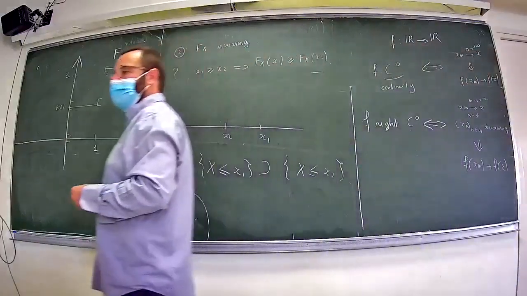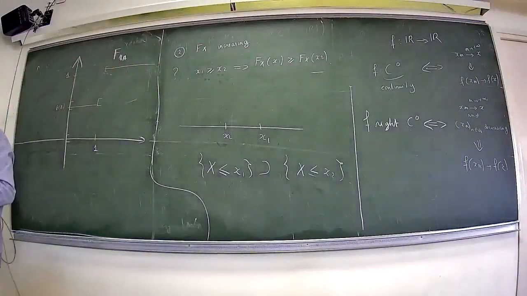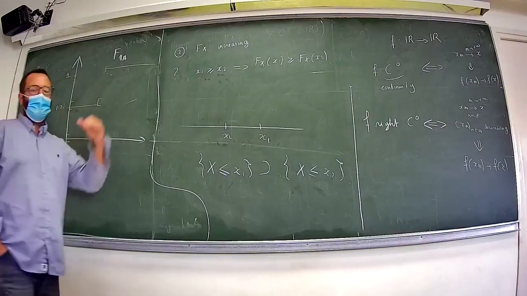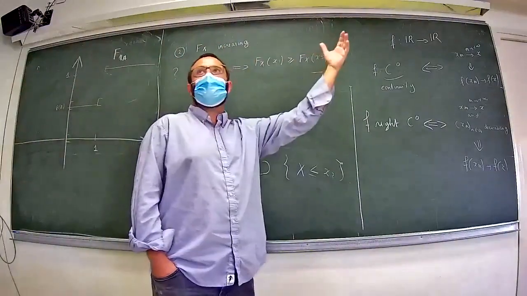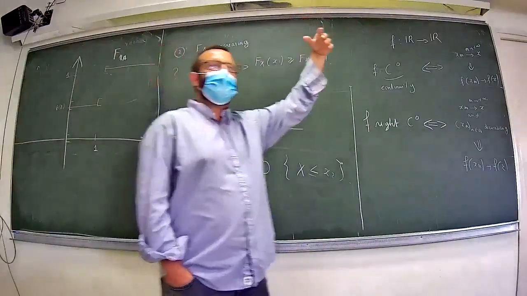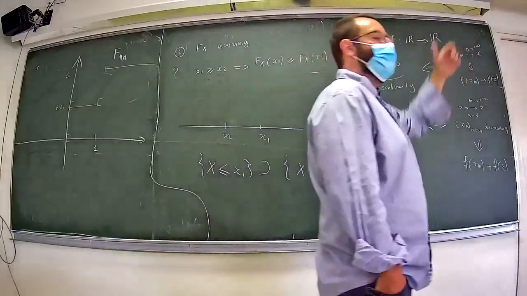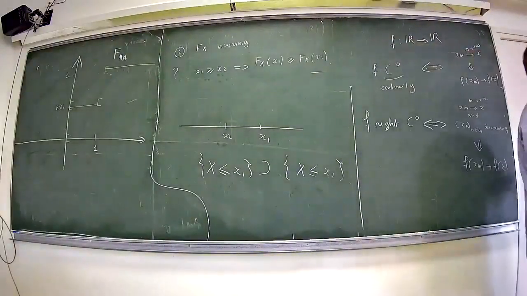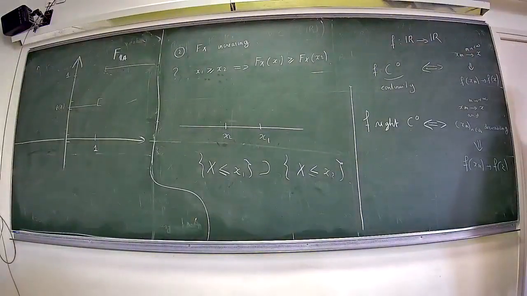So I will finish on this concerning the course for today. And the objective of the next 6 or 7 sessions will be to study more deeply what we call discrete and continuous random variables.